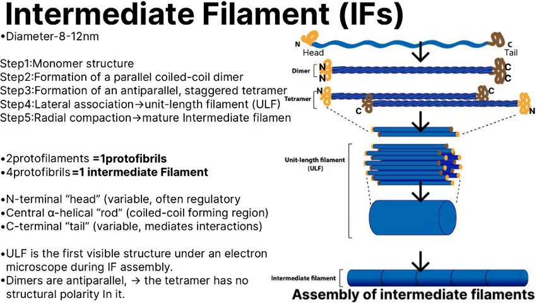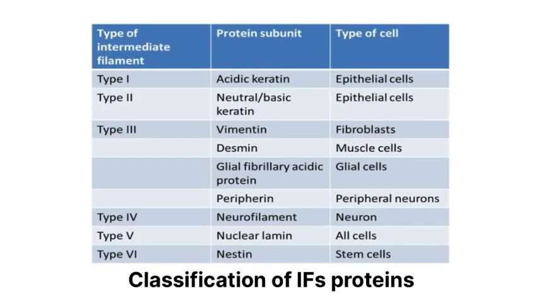Unlike the actin and microtubule subunits, the intermediate filament subunits do not contain a binding site for ATP or ADP. So the anti-parallel arrangement of their dimers implies that the tetramer, and hence the intermediate filament that is formed, is a non-polarized structure.